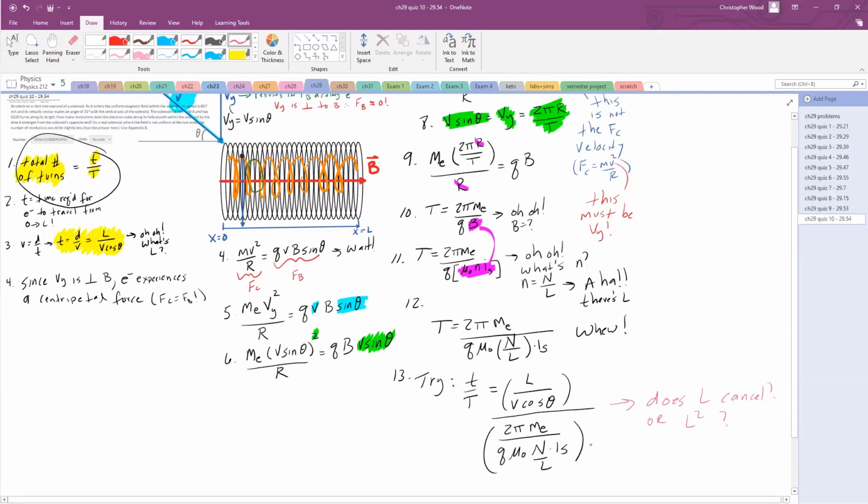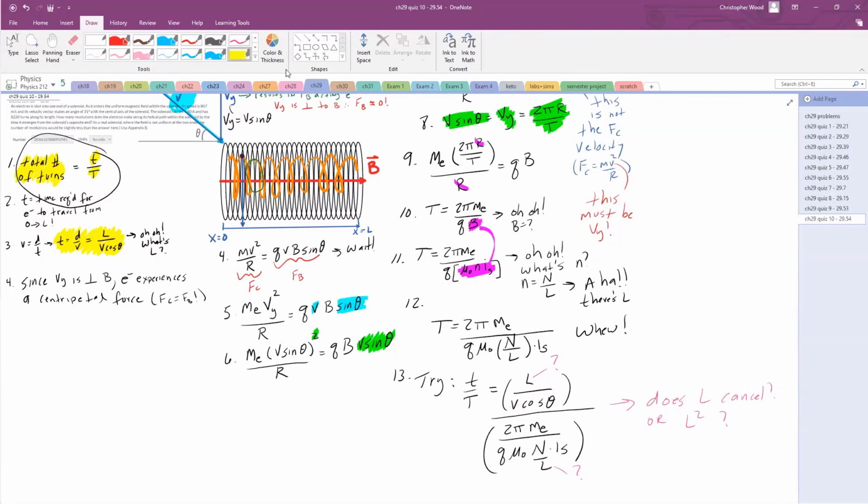I don't know L. I'm hoping it cancels, but you do the algebra to figure that out. If you end up with L squared, you know there's something wrong, and you just troubleshoot. Do I know velocity?